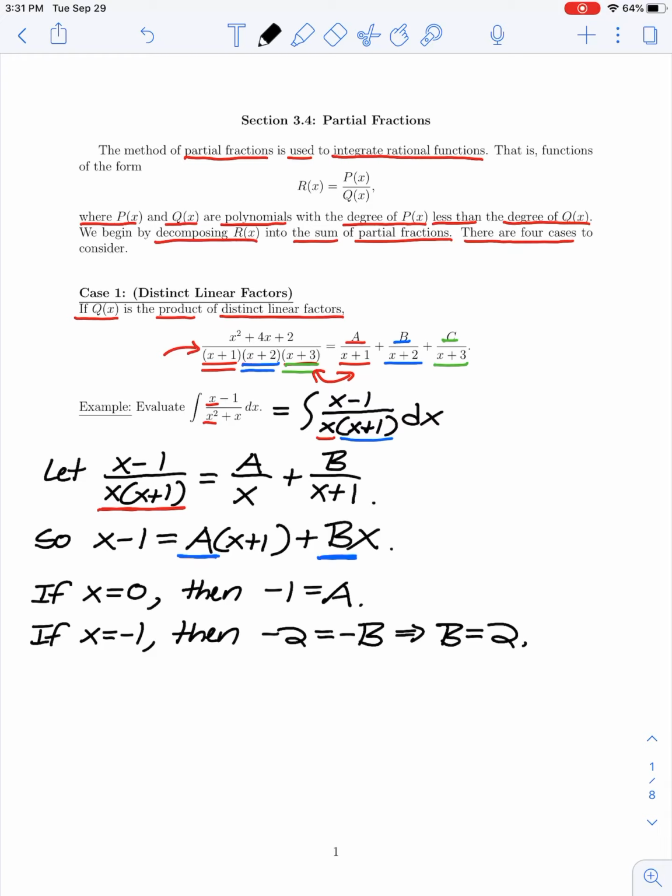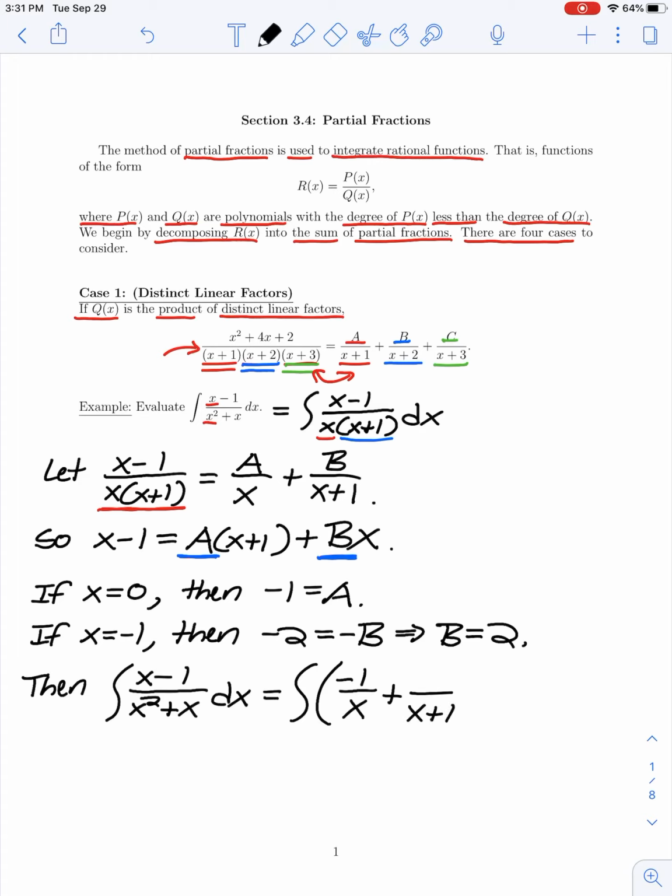Once I have the values for a and b that I was looking for, let me go back to the integral that we're interested in. This integral of the function (x minus 1) over (x squared plus x) dx can be rewritten as the integral of a over x, where a was negative 1, plus b over (x plus 1), where b was positive 2.